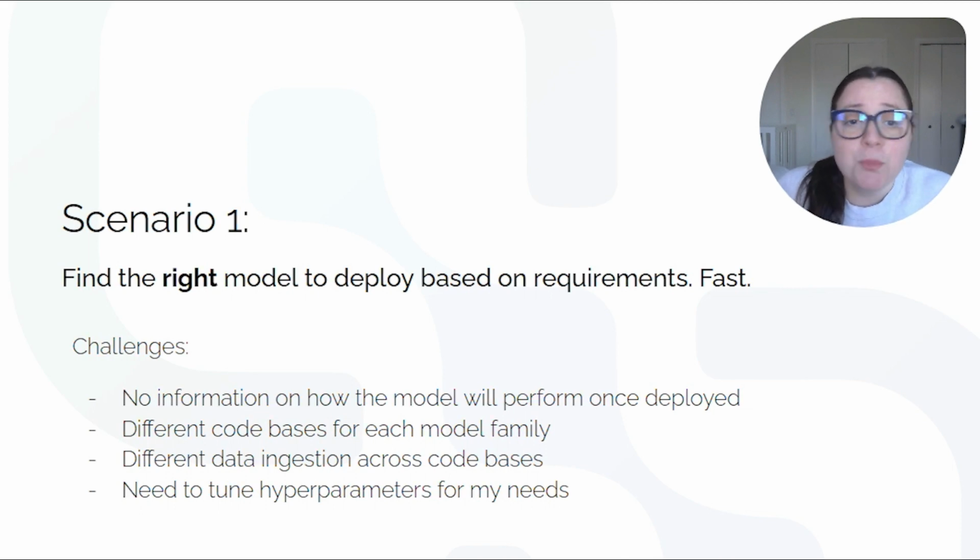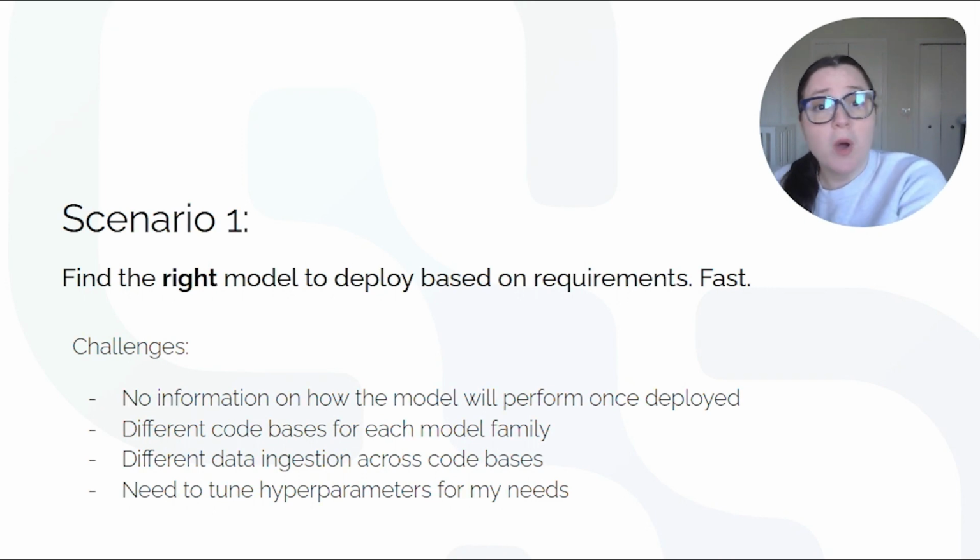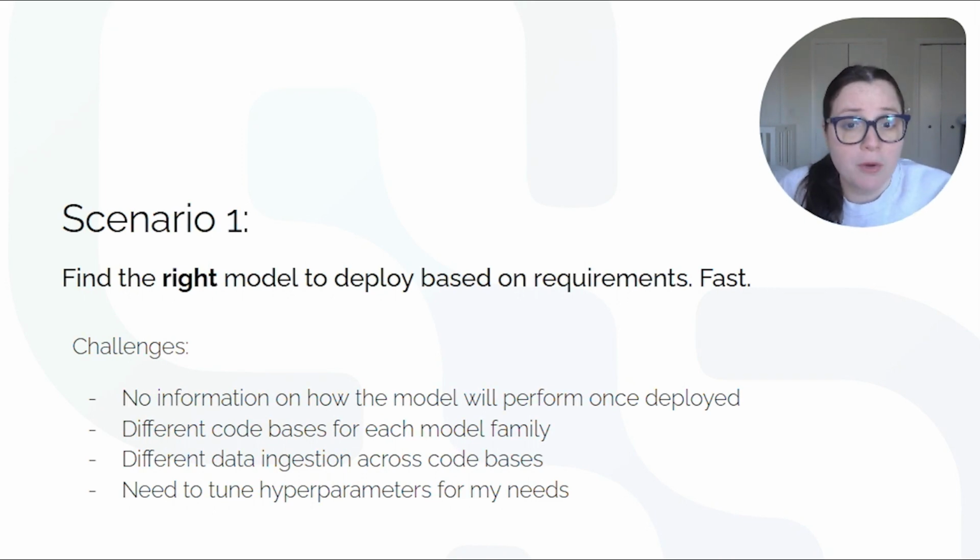Second, each model family comes from a different source with code that tends to look and feel totally different. Training hyperparameters will need to be tuned for each architecture, meaning what works well for one family may not work well for another. Even the very basic step of loading your data so that you can train may require many engineering hours and reformatting. These are some of the reasons why making a model family decision is not just hard, but it's also hard to change later on.